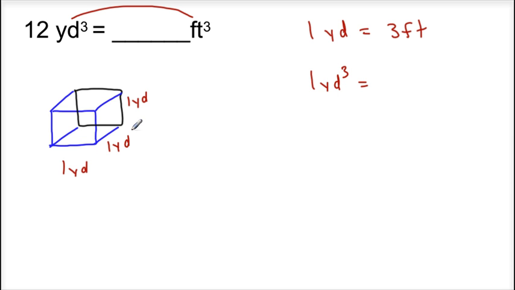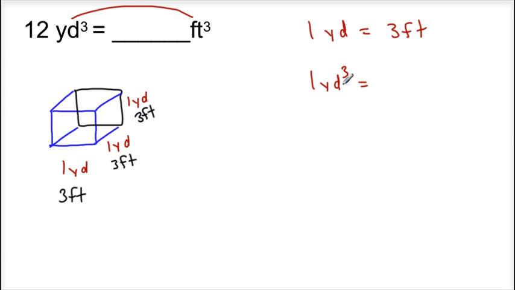Multiply my length, my width, and my height. So that's 1 times 1 times 1. Yards times yards times yards is cubic yards. But we just said that 1 yard is equal to how many feet? 3, so you did 3 times 3. So instead of 1 yard, let's put 3 feet times 3 feet times 3 feet.